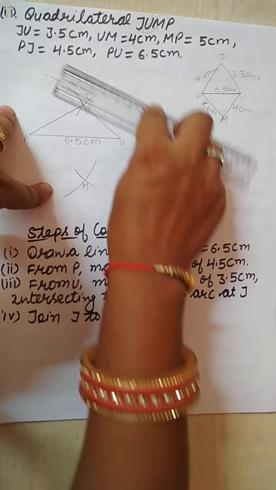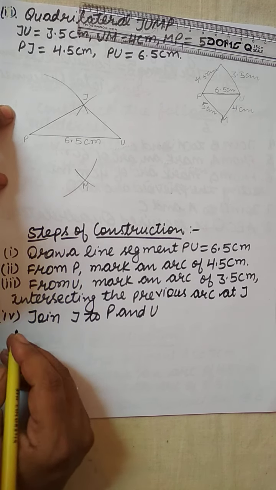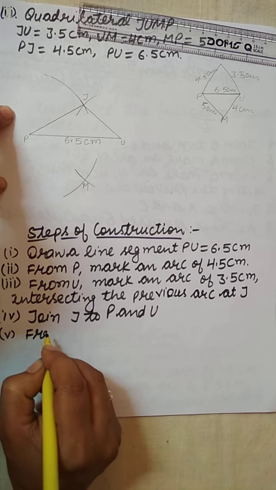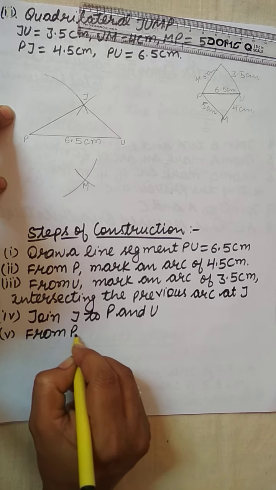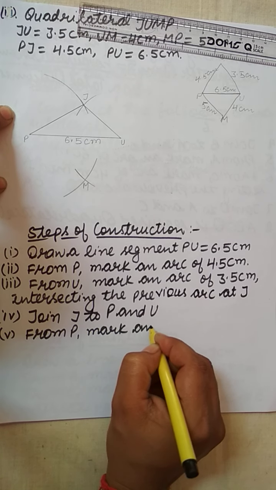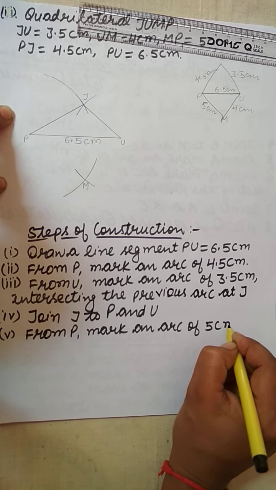Now write down the steps of construction. So fifth step of construction is from P mark an arc of 5 centimeter.